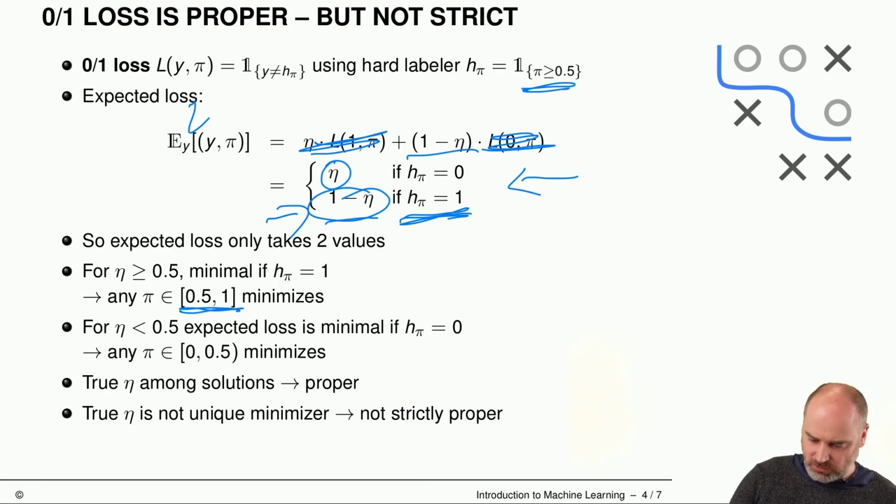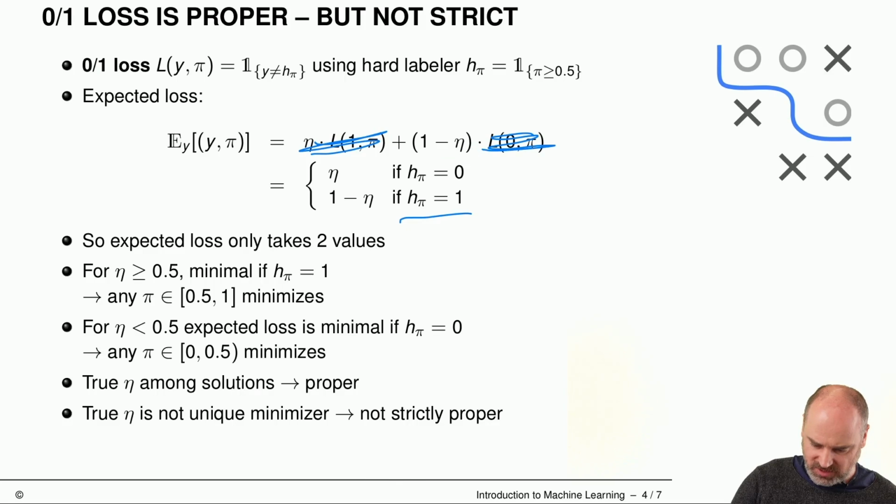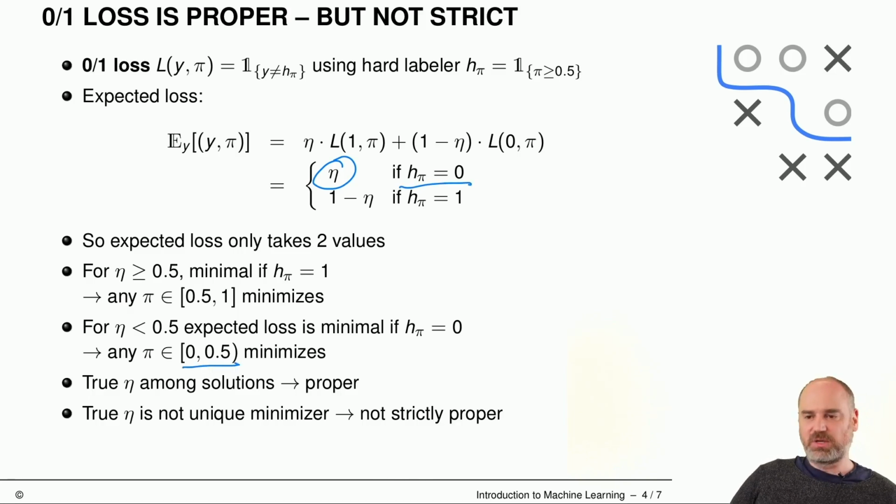And we can do exactly the same type of analysis for eta being smaller than 50%. Well, if it's smaller than 50%, we want to be here. So we want h to be 0. So we need pi to be in this interval. Let's look at these 2 intervals and compare them with eta, and we can clearly see in both cases eta is in this interval.